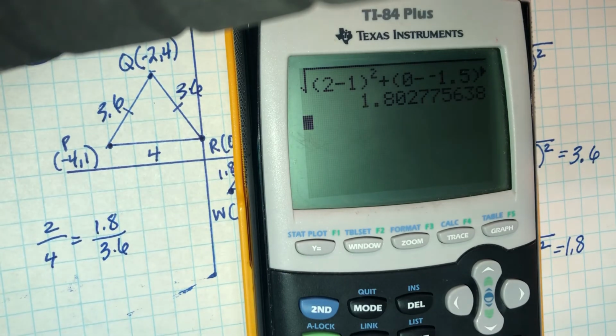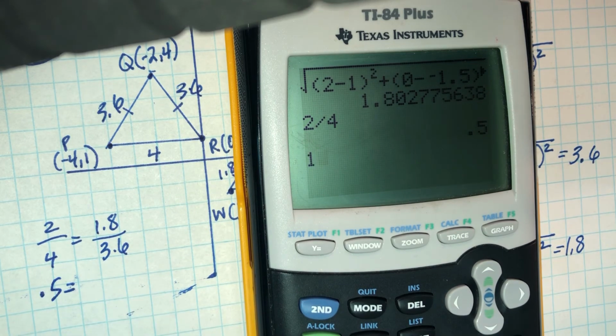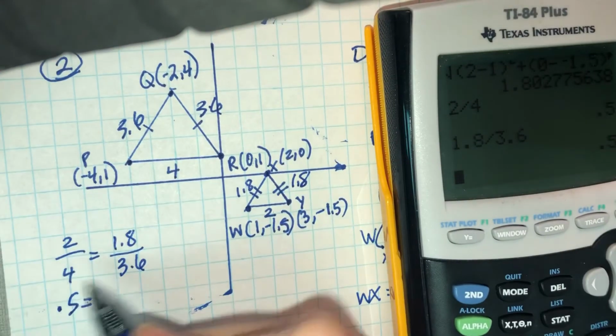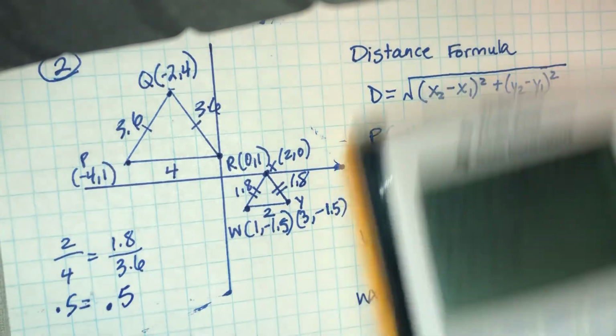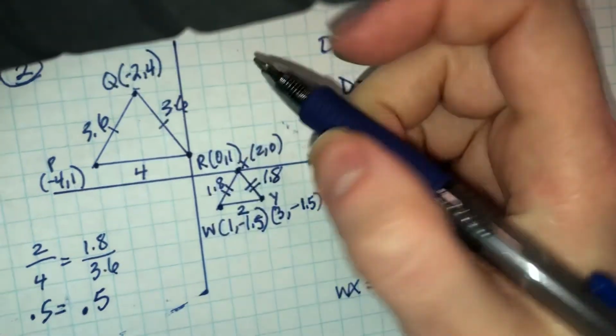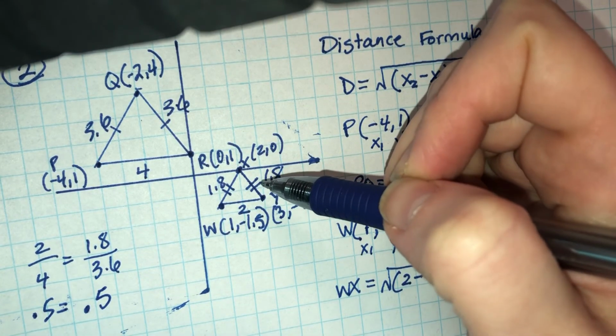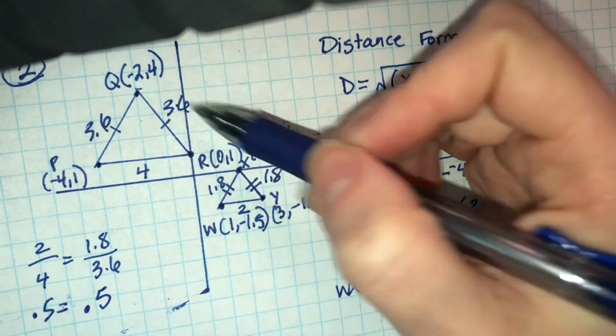So 2 divided by 4 is 0.5. 1.8 divided by 3.6 is also 0.5. So the ratio, the scale factor, is taking the big shape, multiplying it by 0.5 to get the little shape. And that works for all three sides.